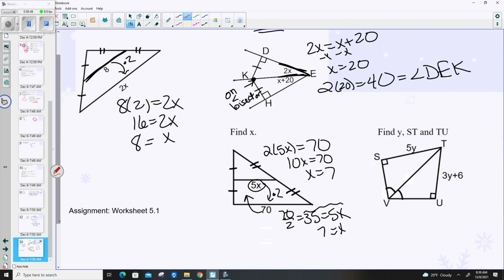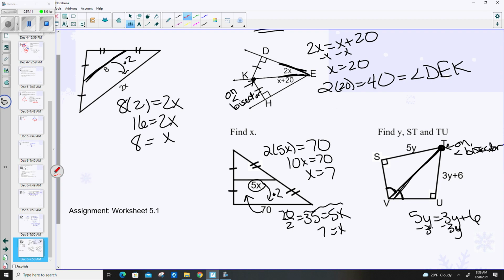And then on this last one, you have an angle bisector, so you know any point on VT is an equal distance from the sides. T is on VT. That's it, it's on the angle bisector. You've got 5y equals 3y plus 6.